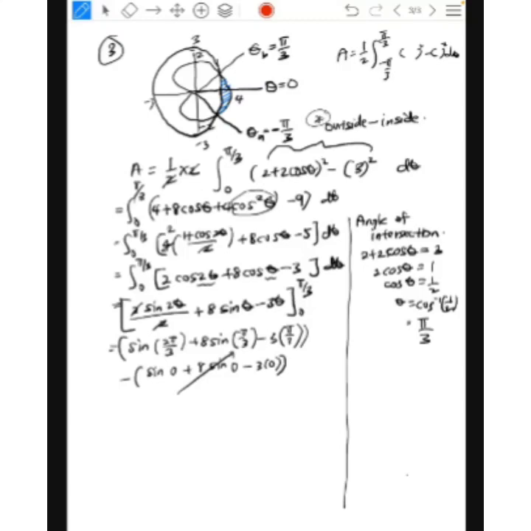So everything there is 0. So just calculate for the first term.